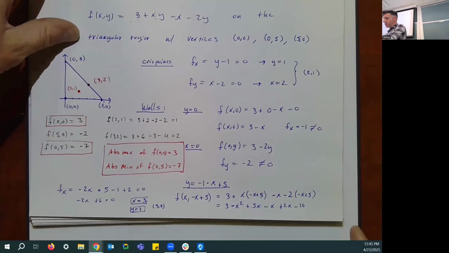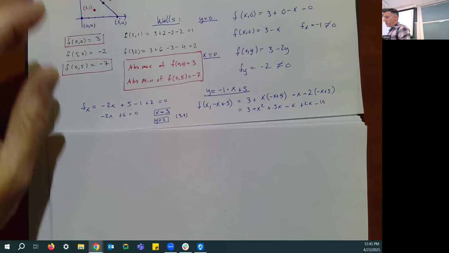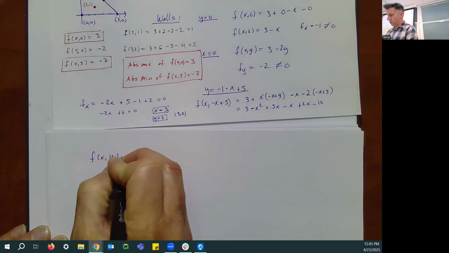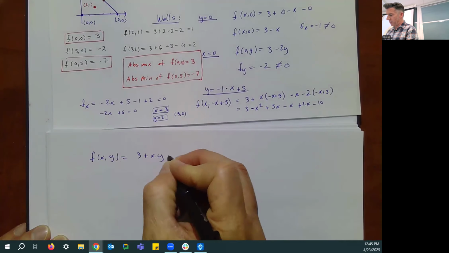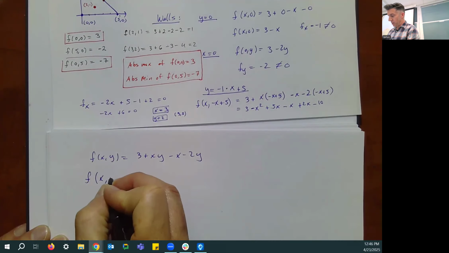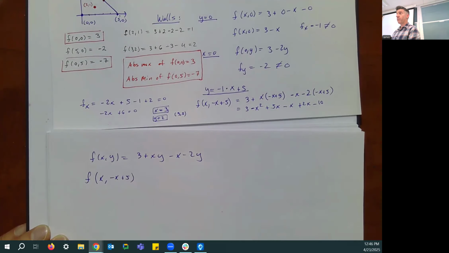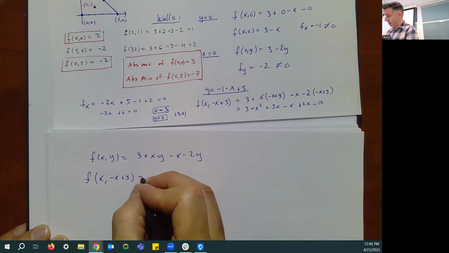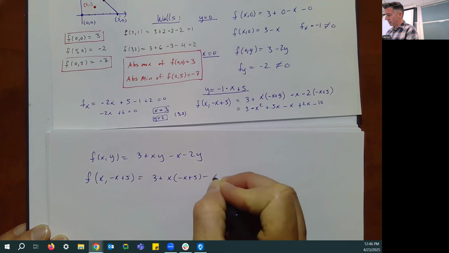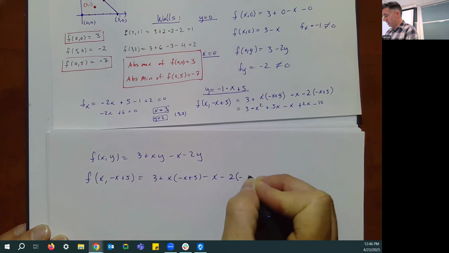So what I did was, I took my original equation, f of x comma y equal to 3 plus xy minus x minus 2y, and I replaced y with what it was equal to, which is negative x plus 5. Then I plugged it in and got 3 plus x times negative x plus 5 minus x minus 2 times negative x plus 5.